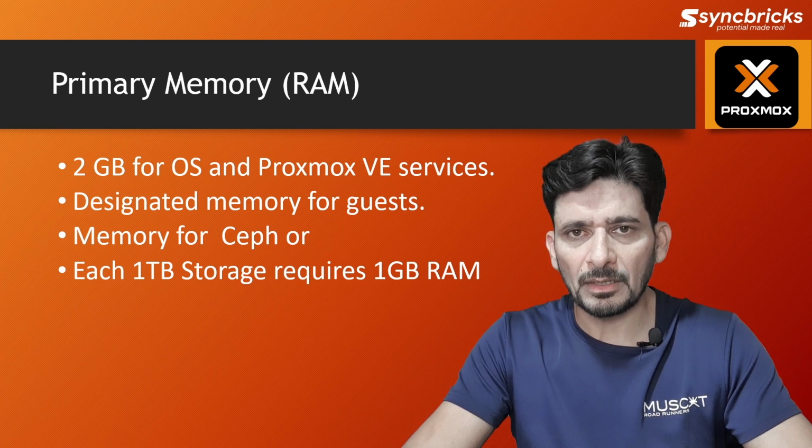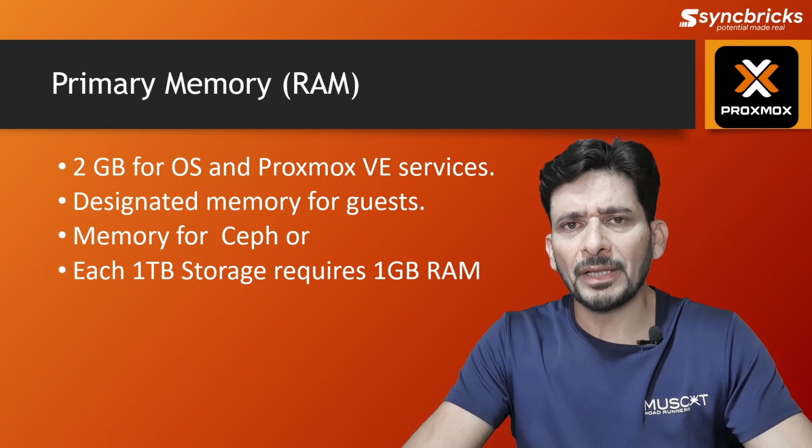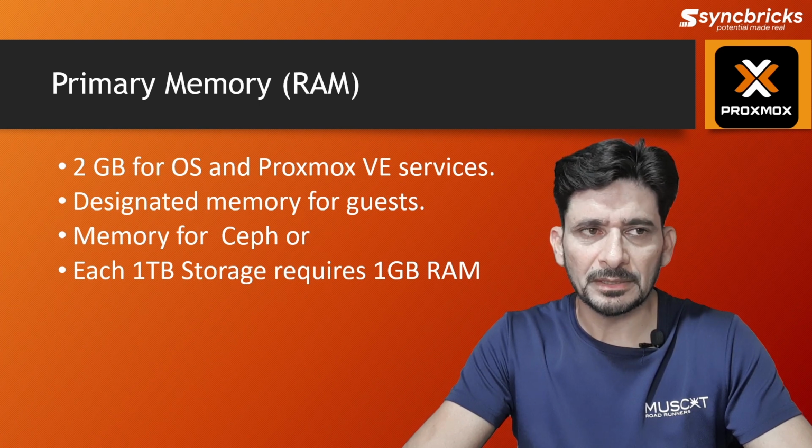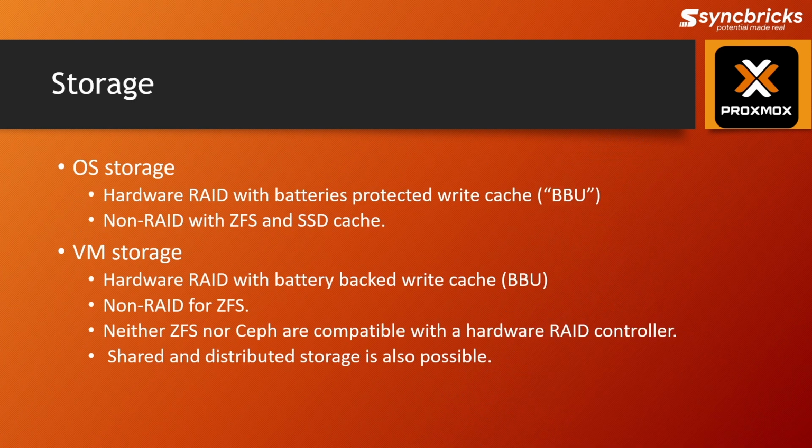Ceph also needs memory, and depending upon what other add-ons you are going to install, your RAM requirements will increase. Now, operating system storage. If you have hardware RAID available, then I recommend using hardware RAID for the operating system installation. However, if you don't have hardware RAID, then you can use multiple SSDs and create ZFS for the software RAID.